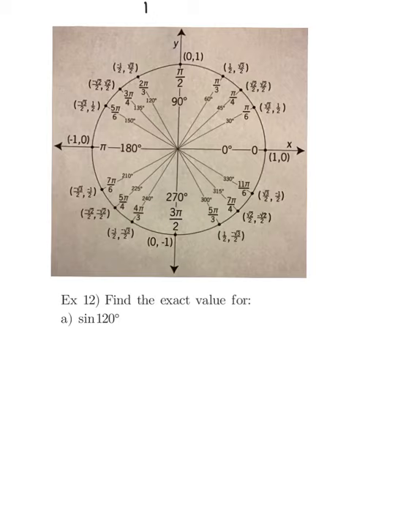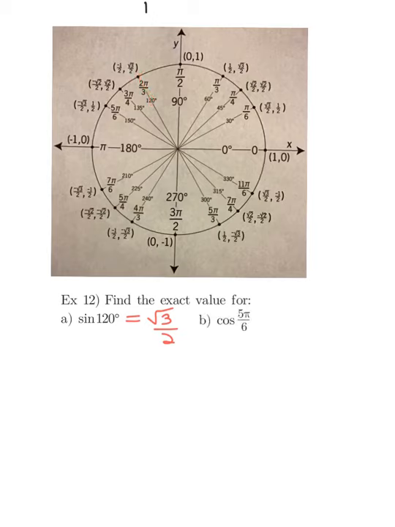So here's 120 degrees on our unit circle. The y coordinate at that point is square root of 3 over 2. So the sine of 120 degrees is the square root of 3 over 2. Exact value means do not put the square root of 3 over 2 in your calculator and get a decimal. Leave it as square root of 3 over 2.